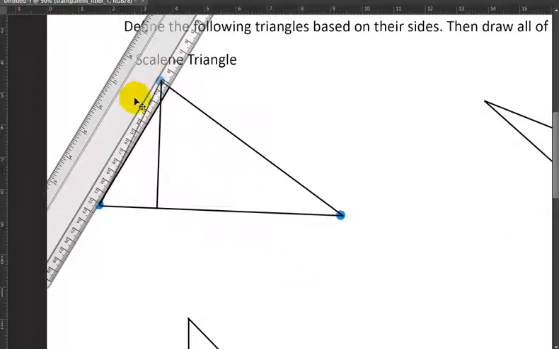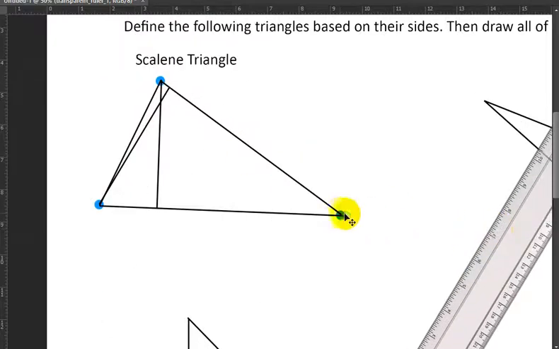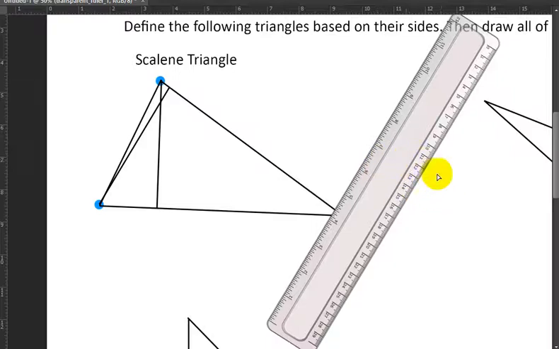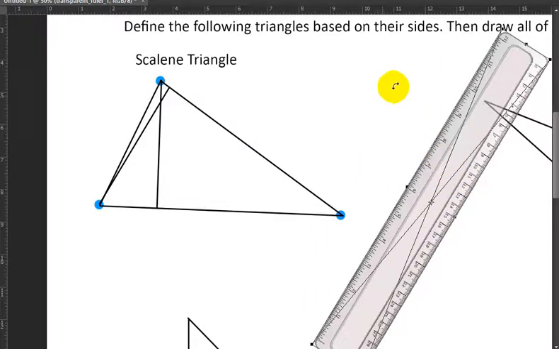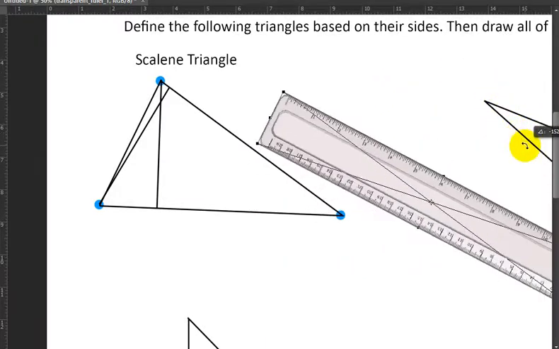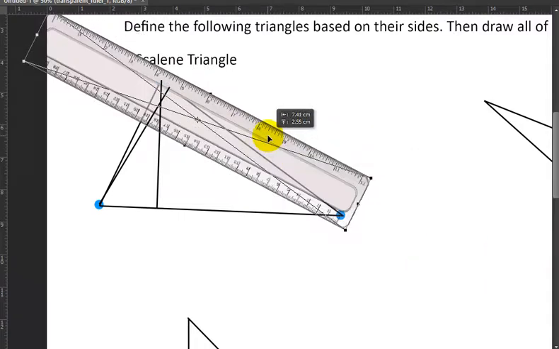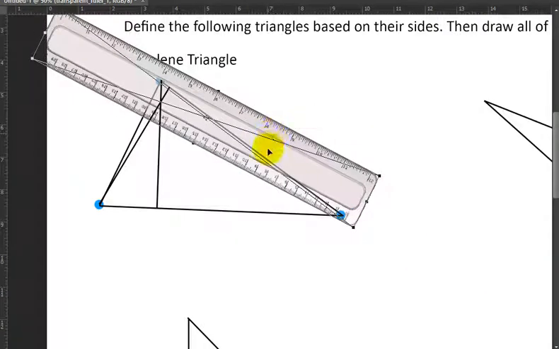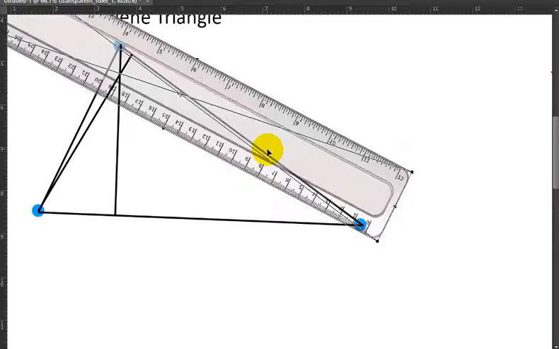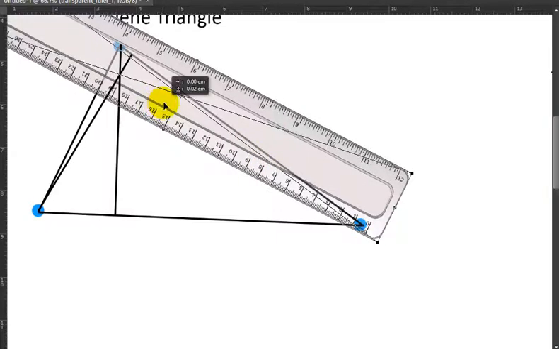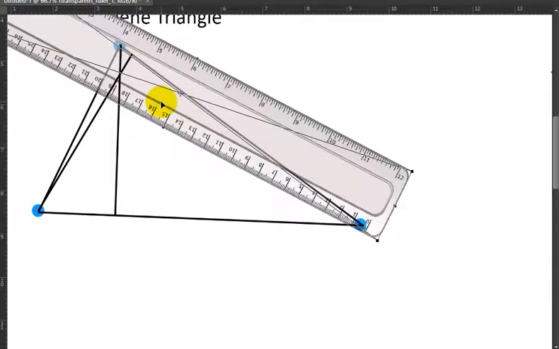Now, next up, for the height that is going to go from here to this side, again, I'm not quite sure if I need to project it or not. So I'm first going to make my ruler perpendicular to this side. So is it perpendicular? Not 100% sure. So it looks to be.